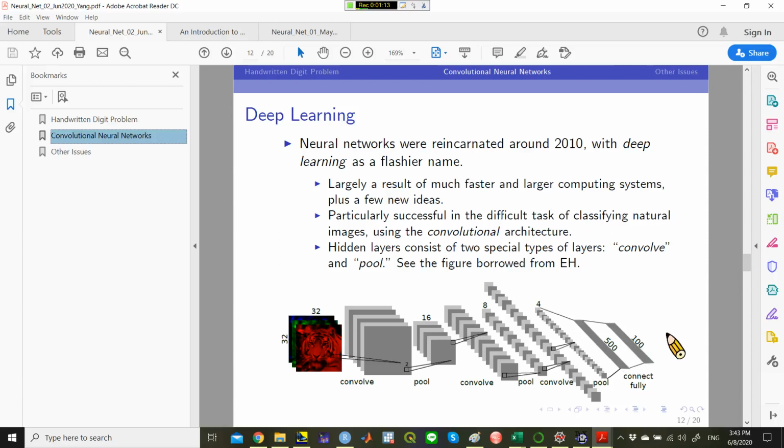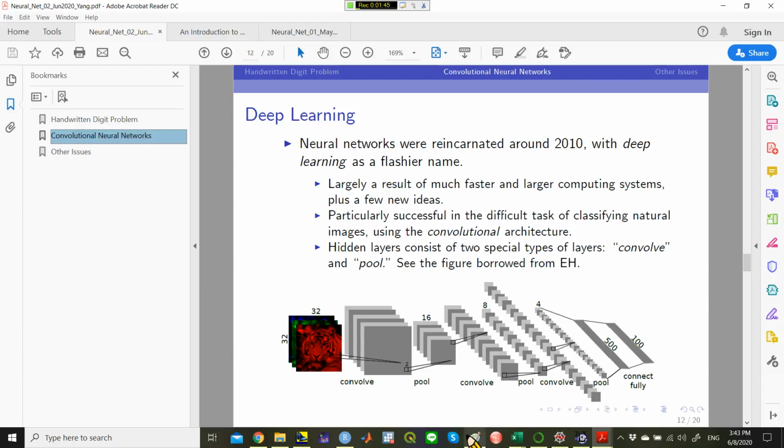Here I borrow a figure from Efron and Hastie's textbook. For our input, we will have several different hidden layers. We have one convolve layer here, another pool layer here, the second convolve layer here, the second pool layer here, another convolve layer here, and so on. Then I'll talk about what it's all about.